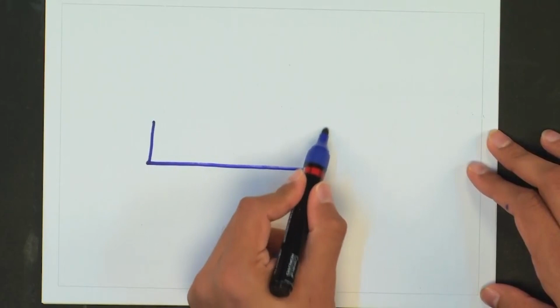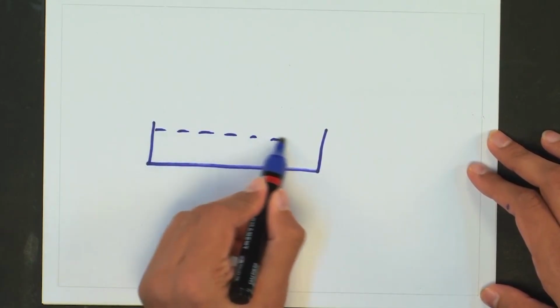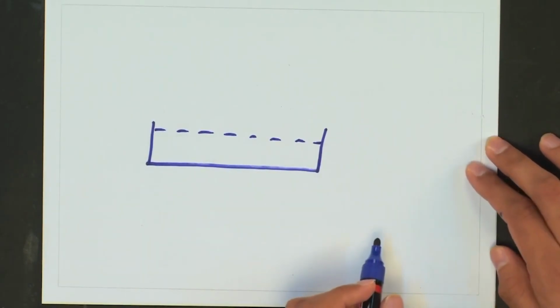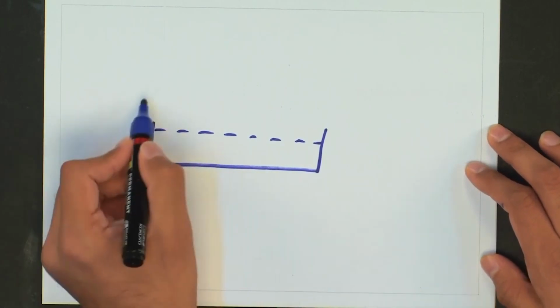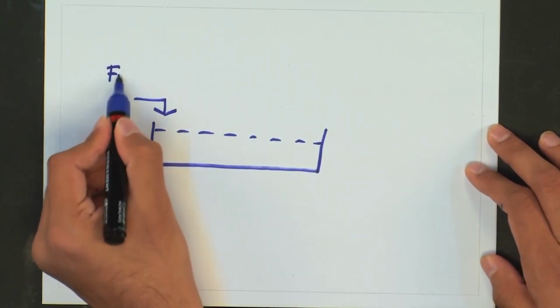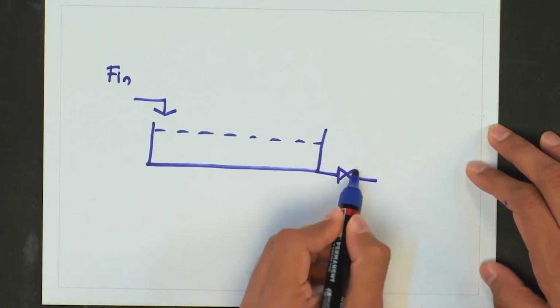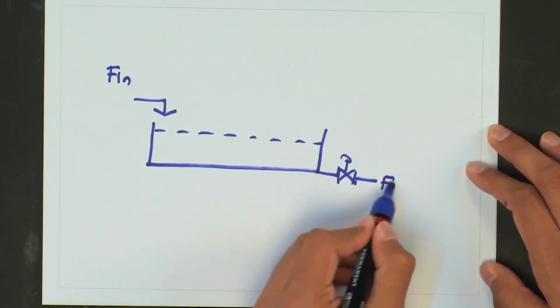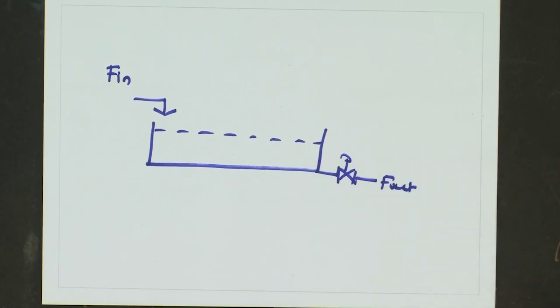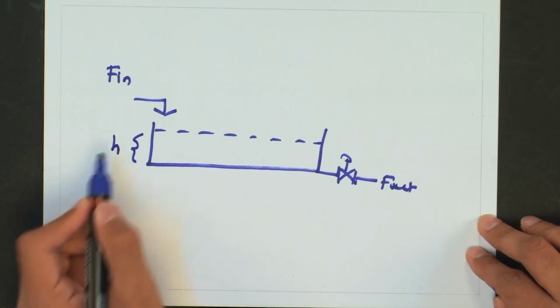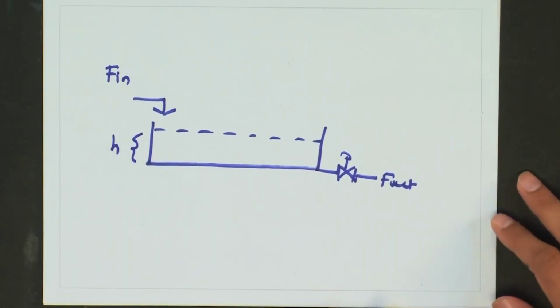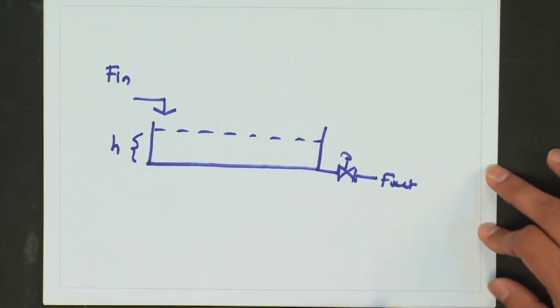What you can do is, when selecting a tank, you select a tank which has a much bigger cross sectional area, so that even if there is a 5% change in inlet flow rate, the change in the height is very small. So, this can be achieved.